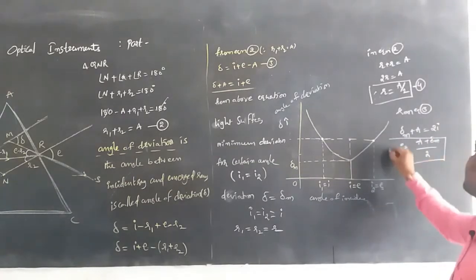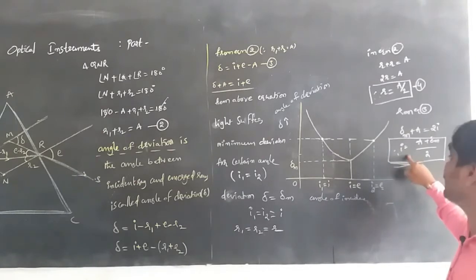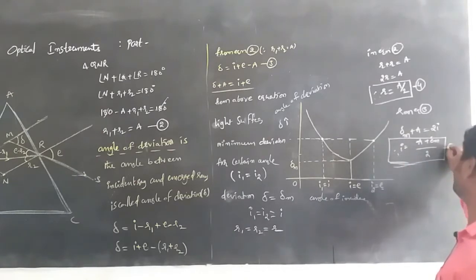This is the angle of incidence for minimum deviation, consider it equation number 5.